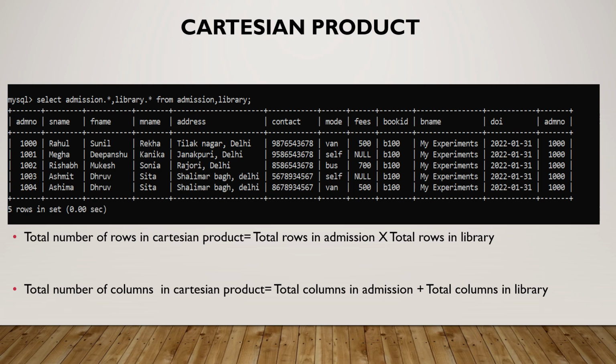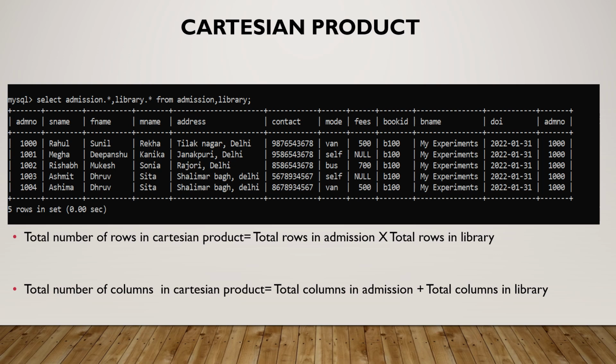Though the issuer was only Rahul, the book, My Experiments, is coming for Dipanshu also, for Mukesh also, for Dhruv also, which is not right. So when I have not mentioned any condition, it returns a Cartesian product, which is not giving me the right answer.